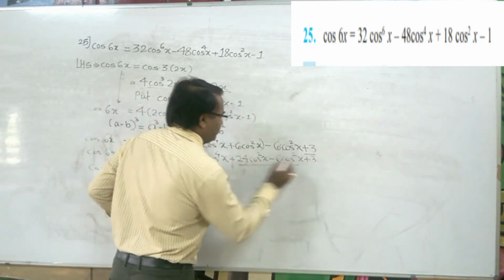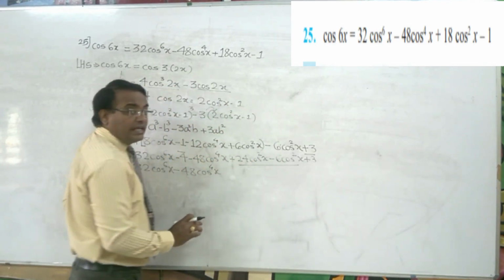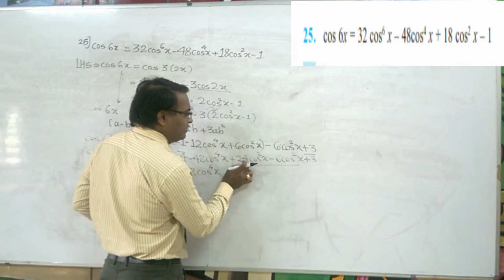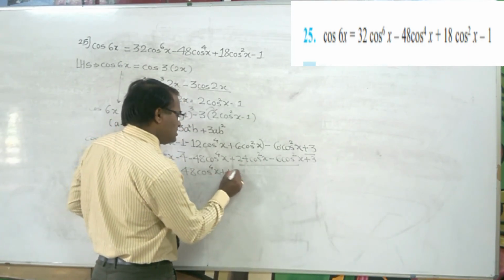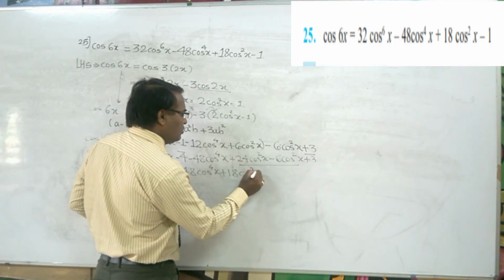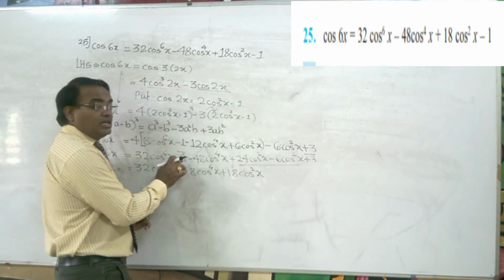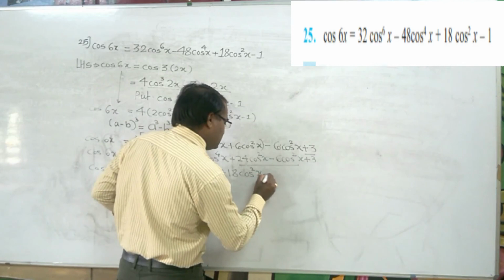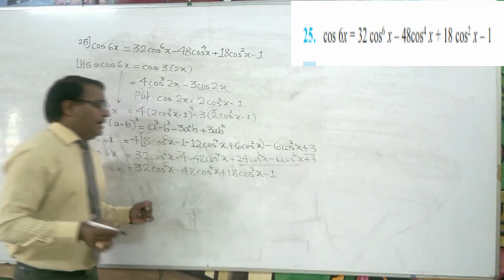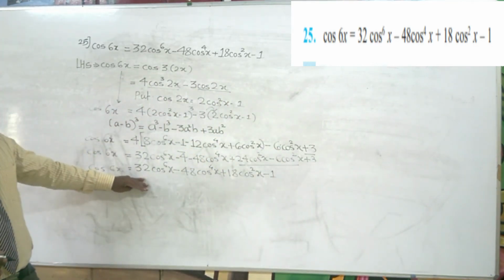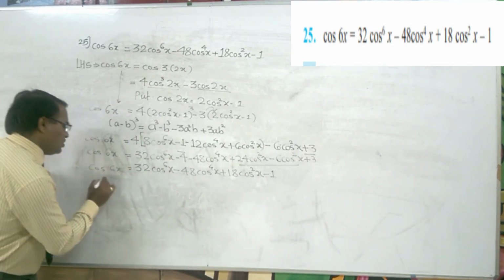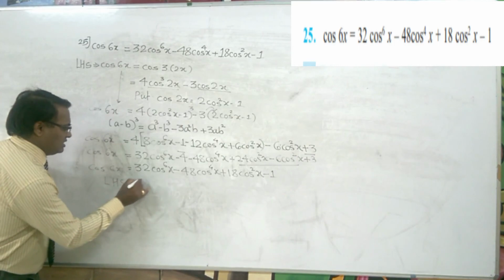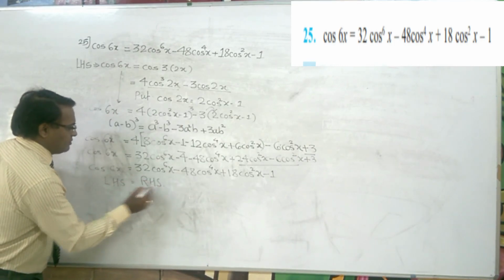Here cos square, so like terms, it is plus 24 and minus 18, so this will become plus 18 cos raised to 2x. Now the constant minus 4 plus 3 will give you minus 1, and if you observe, this is nothing but your required RHS. It means here you have proved that LHS is equal to RHS.